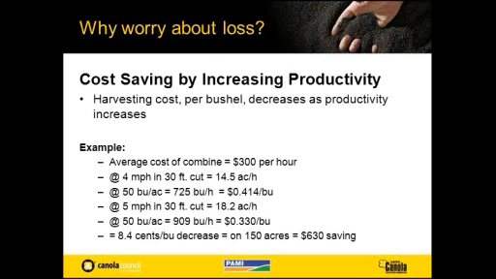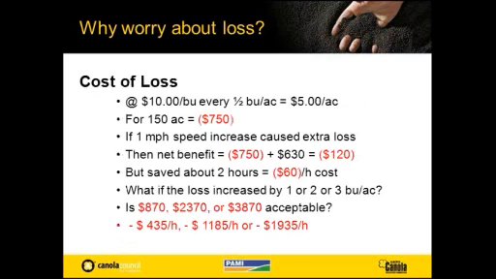So that's the push, as well as the time saving that everybody is after, to get everything done in the harvest season. The balance in terms of profitability is when you start losing an extra half bushel or a bushel an acre, it starts subtracting off whatever you gained in the increased productivity. You can see a quick example there: if 1 mile an hour caused that extra half a bushel loss, by the time you get to the bottom end of it, it's really still costing you about $120.